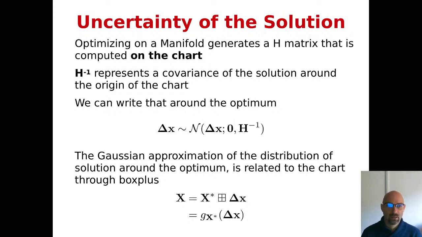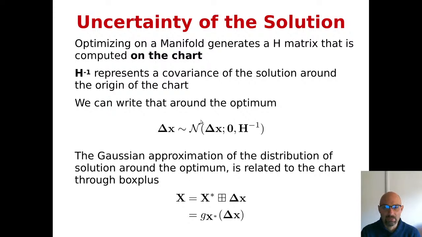I mean, the game is actually now that what the manifold formulation will return you is a probability distribution over the perturbation. A probability distribution over the perturbation vector.